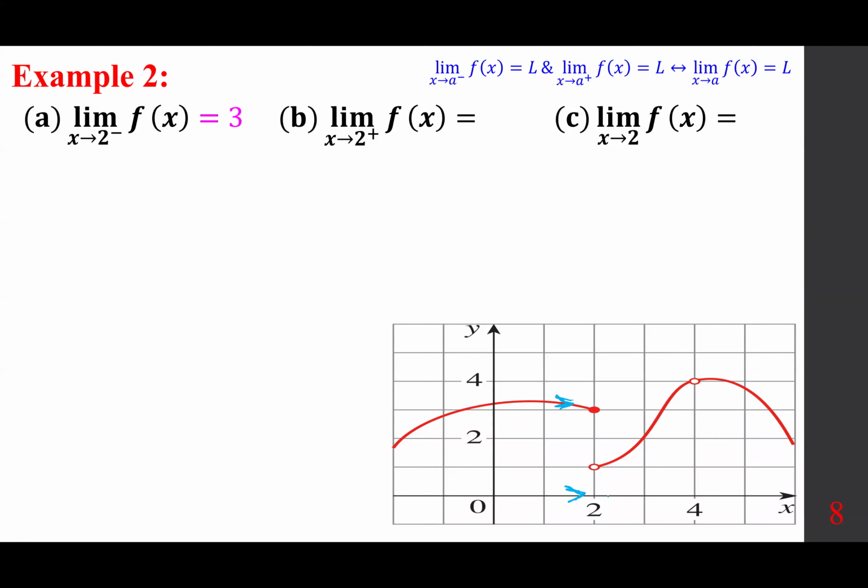From the right side of number 2, we are in this branch, and it's moving towards this point, and this point has the y coordinate 1. Are these two identical? No. The limit of f of x as x approaches 2 does not exist.